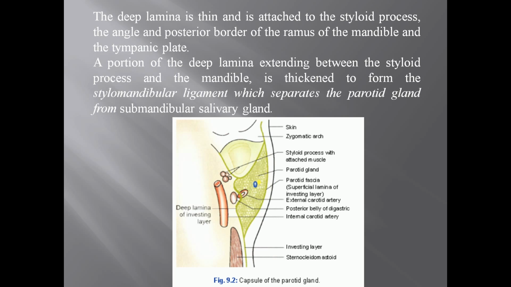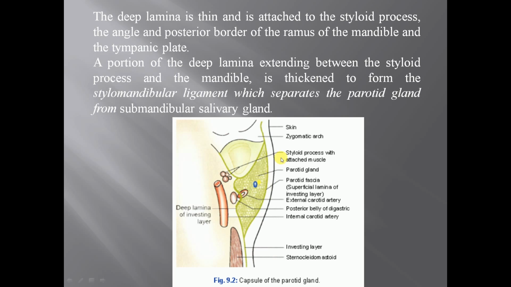While this is your deep lamina, this is the superficial lamina, which is thick and is attached above to the zygomatic arch, and the deep lamina is thin and is attached to the styloid process, the angle and the border of the ramus of the mandible, and the tympanic plate.